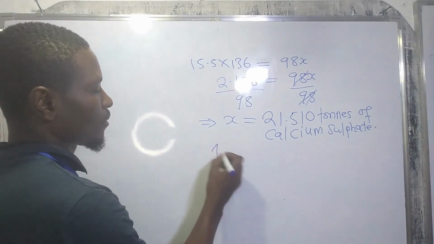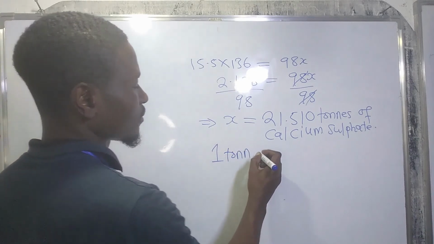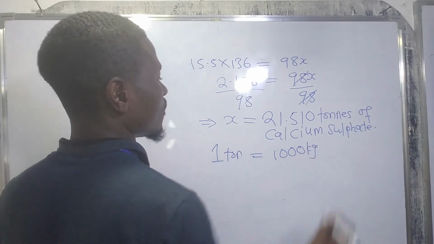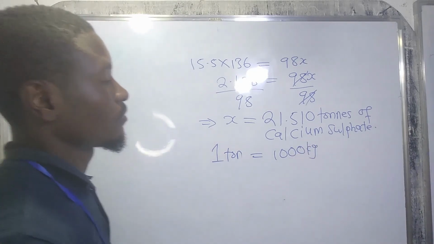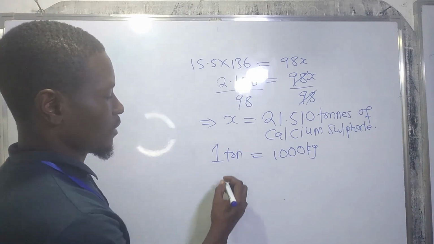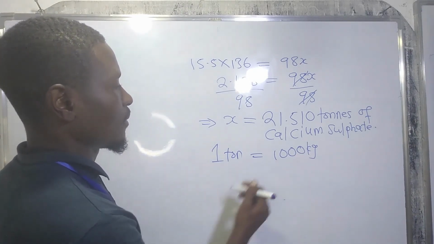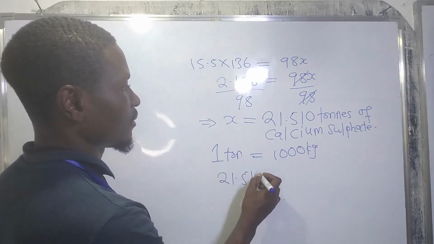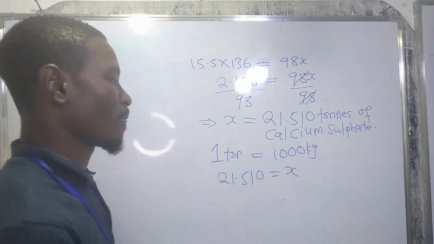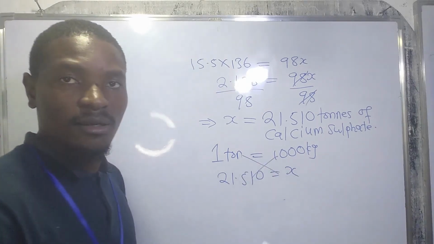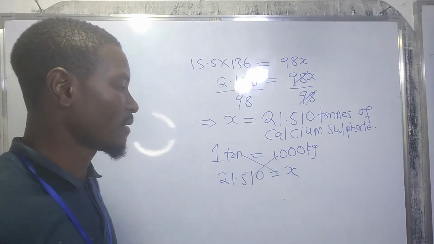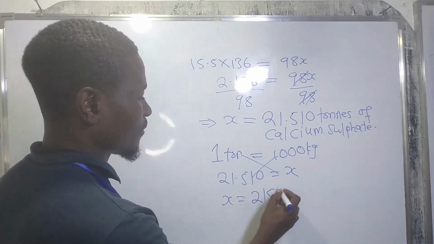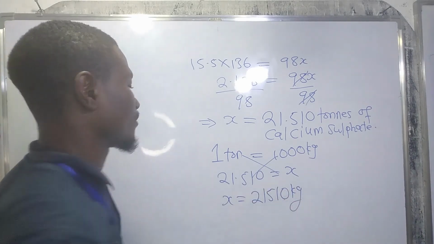So 1 ton equals to 1000 kg. Then you can cross multiply, and you get x equals 0.1510 kg.